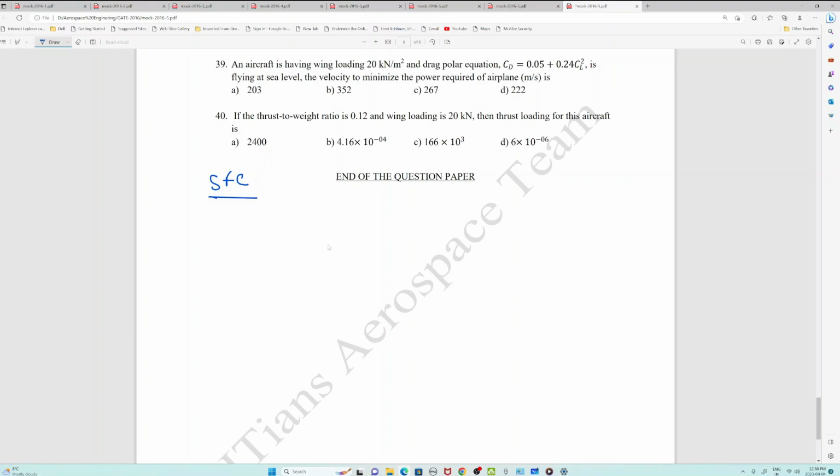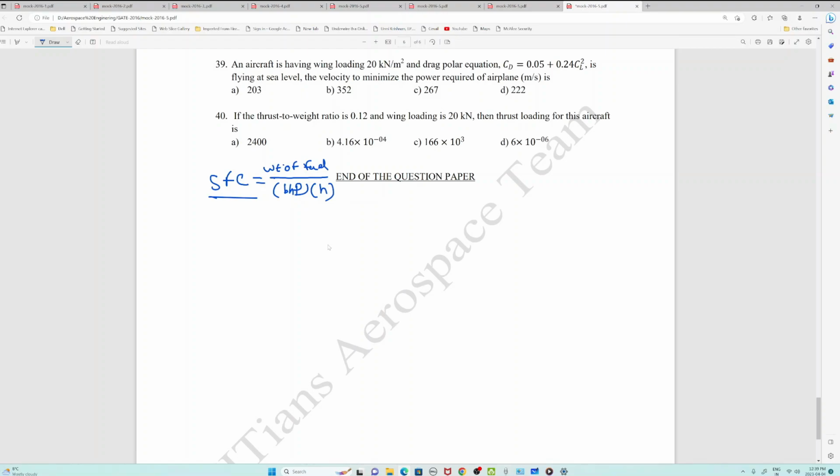Specific fuel consumption is defined as weight of fuel consumed per unit power, take bhp, and per unit time, take hour.